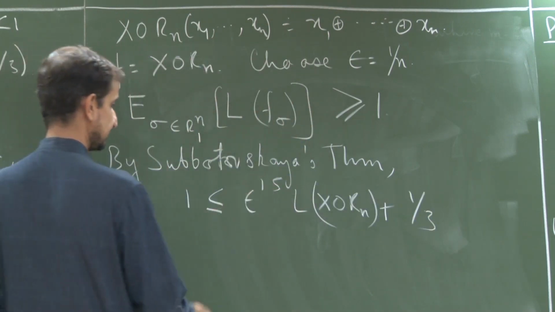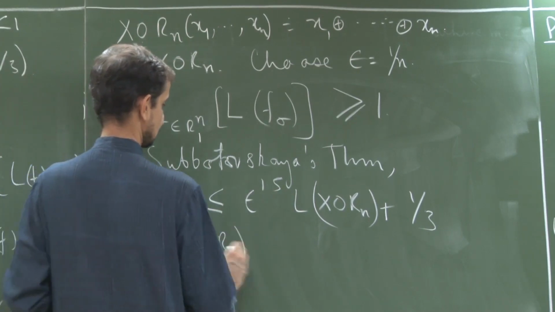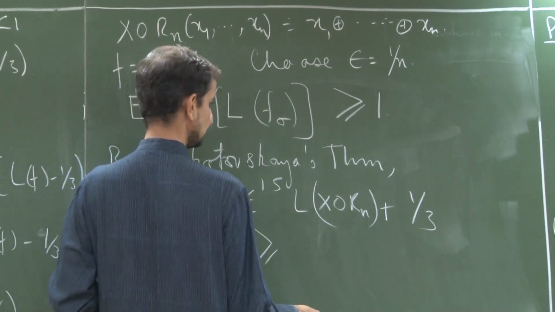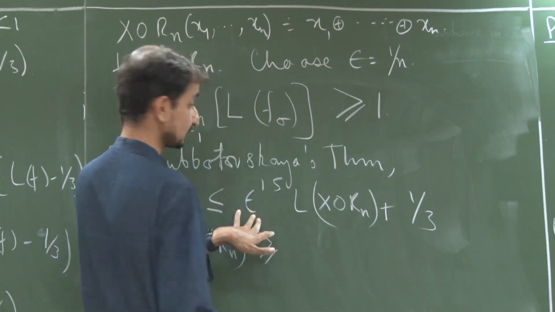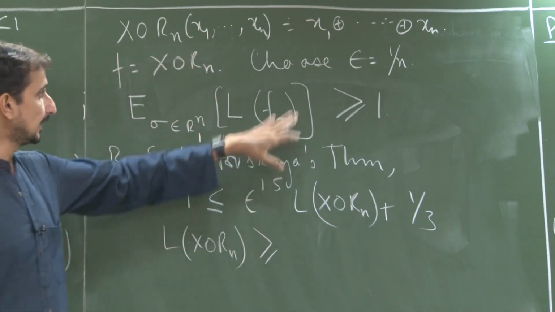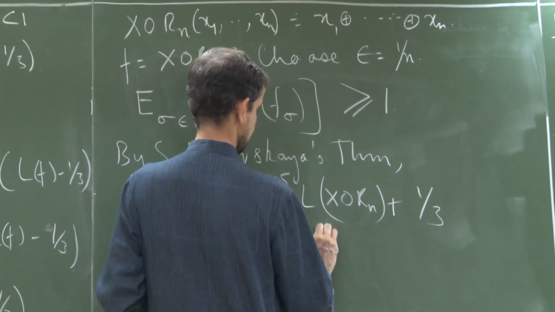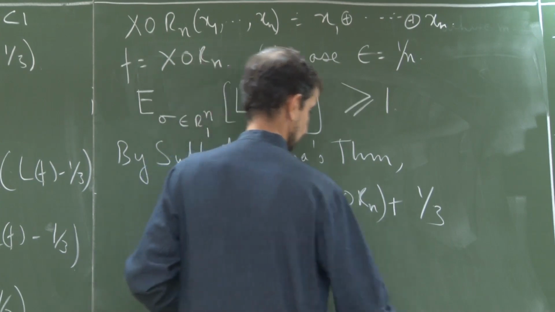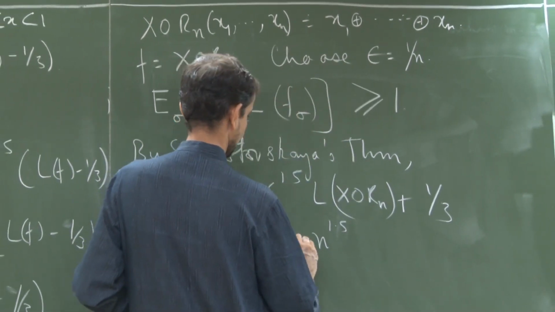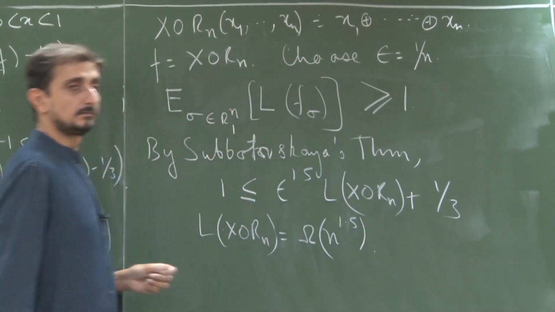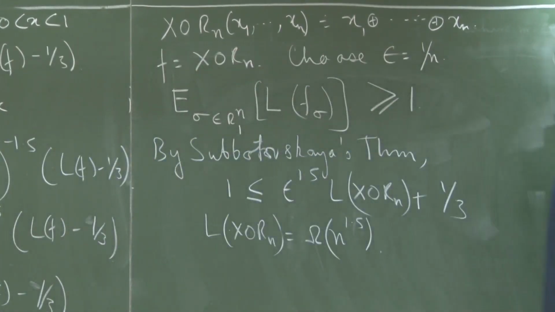So now just rearranging, what I get is L of XOR n is greater than or equal to, what was my epsilon? Epsilon was 1 by n. So this is greater than or equal to n to the power 1.5, or let me just write it as omega of this. Okay.